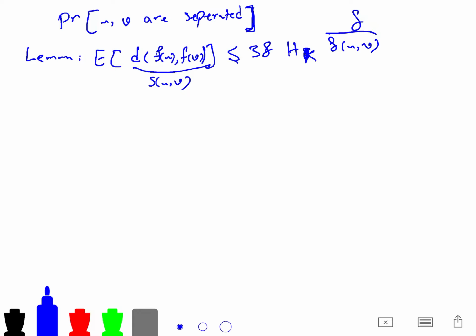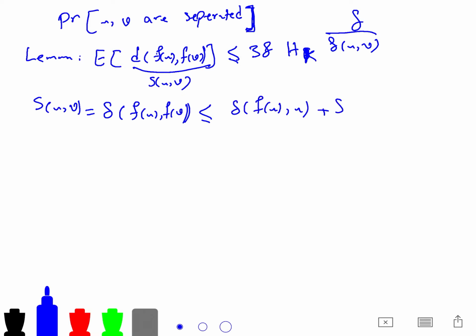So we go case by case. For example, S of U and V can be written as the distance between F of U and F of V, and we just use the triangle inequality.